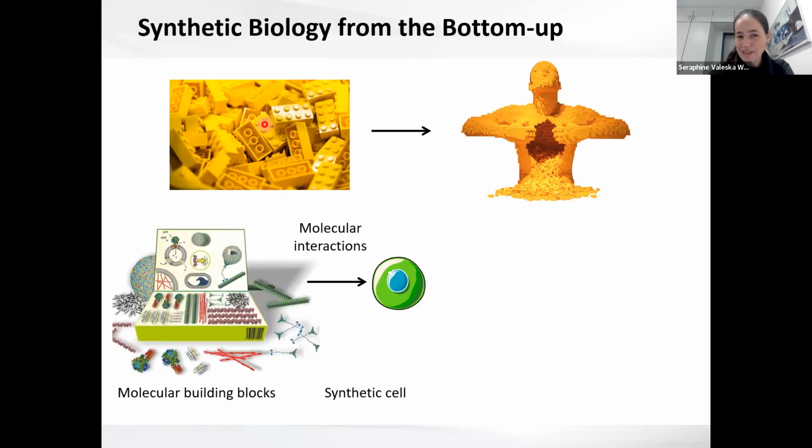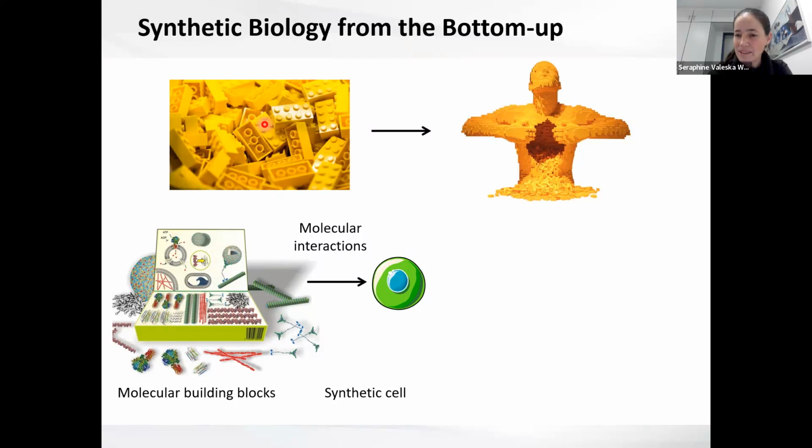So we do this bottom-up synthetic biology on two scales. The first one, which I think this crowd is also very familiar with, is to use molecular building blocks and synthesize synthetic cells by controlling how these molecules interact with each other.